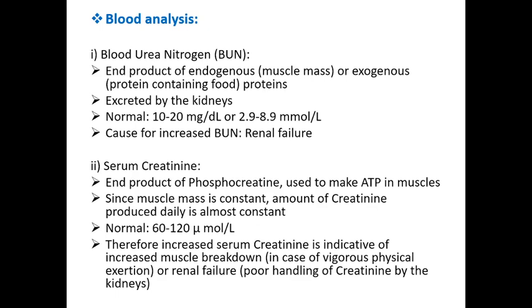Now it comes from the muscle mass, so it could be either some extensive muscle breakdown in the body, or it could be the muscle mass is normal but the kidneys are unable to excrete the creatinine properly, and that is why the blood creatinine level increases. So these are the two reasons for increased serum creatinine level.